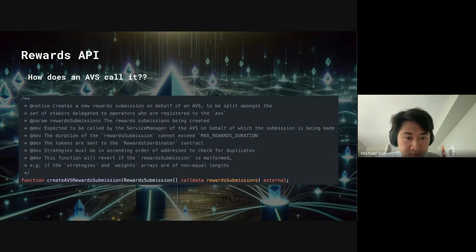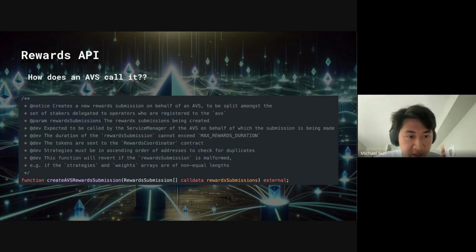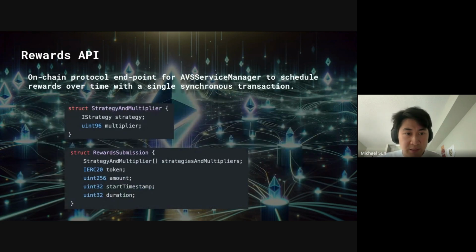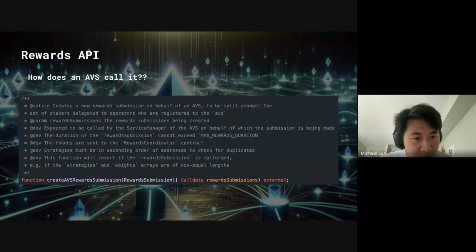You want to keep going here, Michael? Yeah, so create AVS reward submission. This is taking in the struct that we just mentioned on the previous slide, the reward submission here. So you can pass in an array of reward submissions, and these will be sent to this function call, which is specifically on the AVS service manager, or sorry, this is on the rewards coordinator contract.